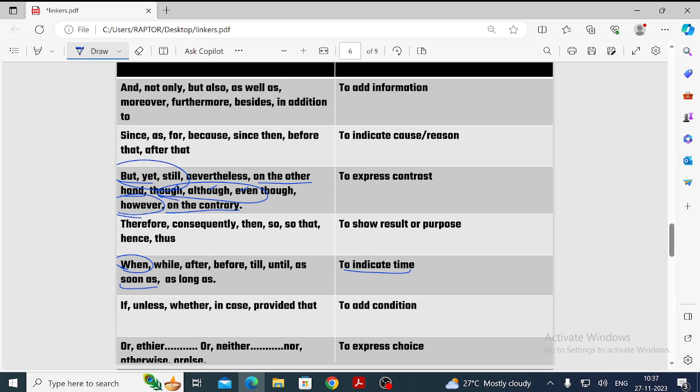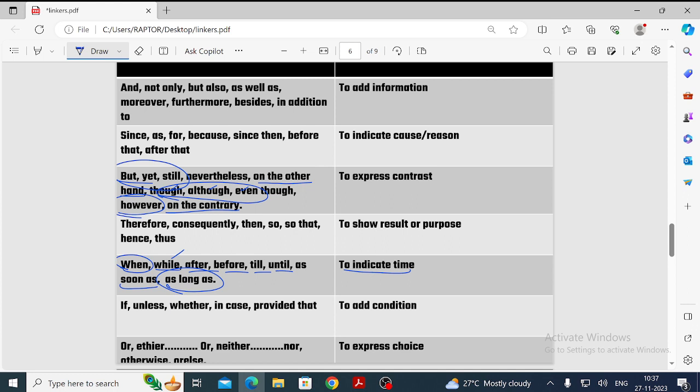And then while, even in past perfect we have discussed: when I reached the railway station, the train had left. While I phoned him, my friend was watching TV. Even in tenses the connectors will be there, and then after, before, till, until, and as soon as, as long as.